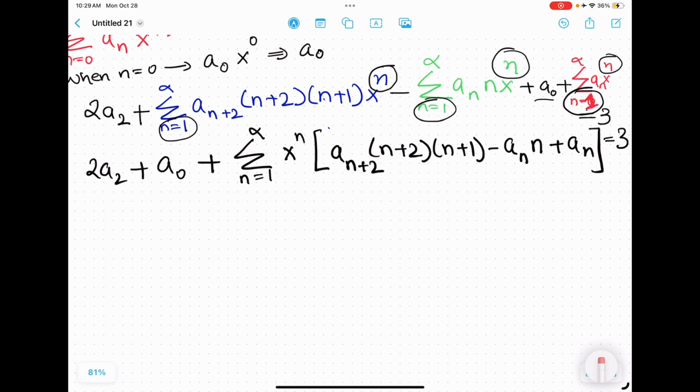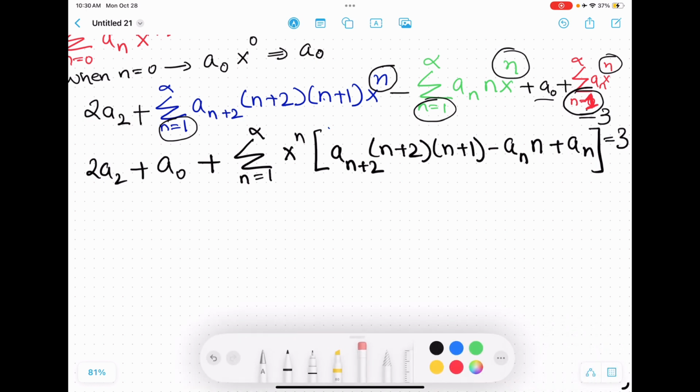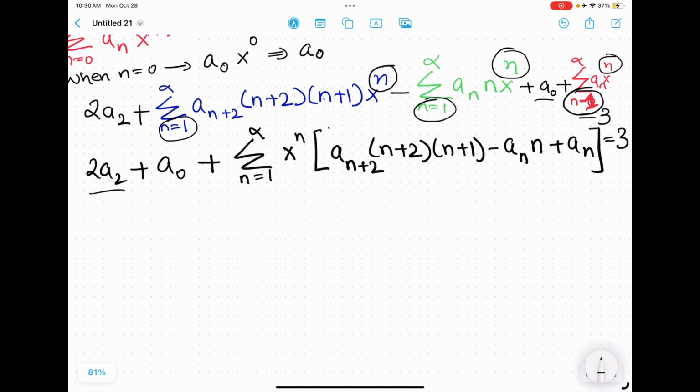So now we'll look at these two terms, and I can see that they are constants. They do not have any x attached to them. And if I look at my right, I can see that the only value I'm given is also a constant, that it doesn't have any x attached to it. So I can put them together.